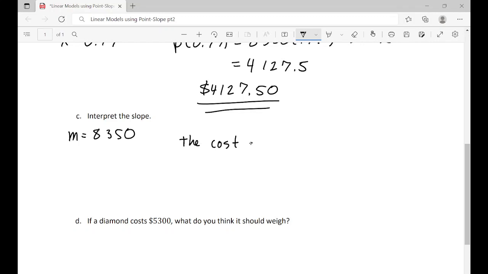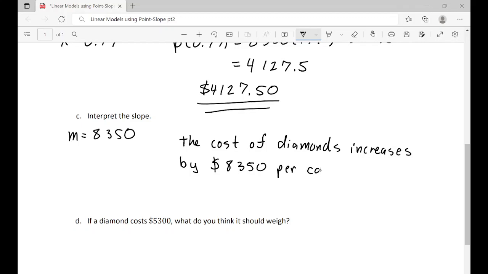The cost of diamonds increases by $8,350 per carat. Or you can say that every carat increase causes the diamond to increase in price by $8,350. Some wording like that. Again, how you word it is up to you, as long as it conveys the same information.